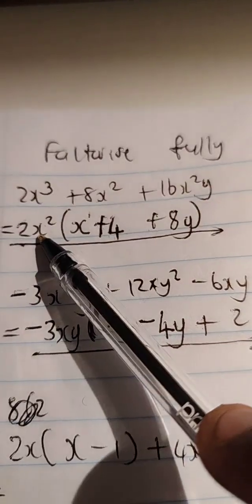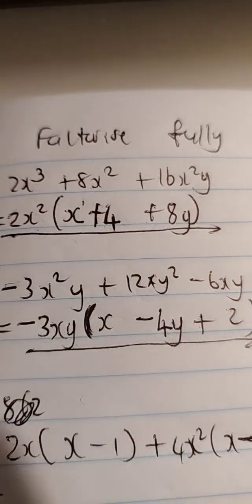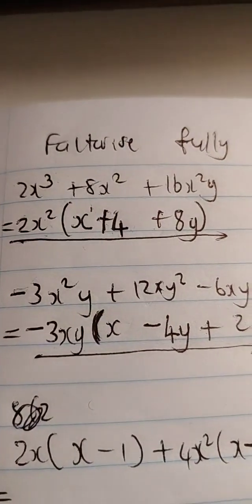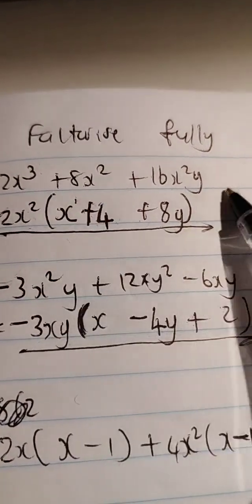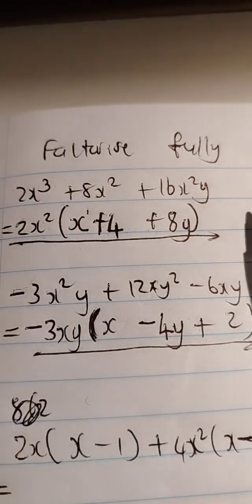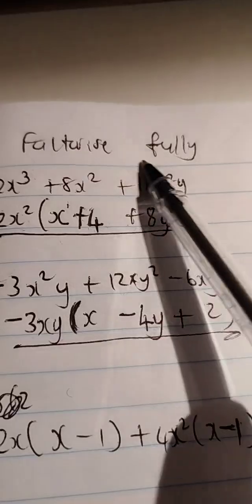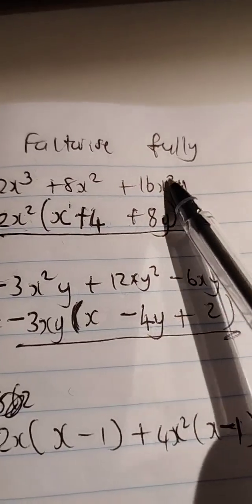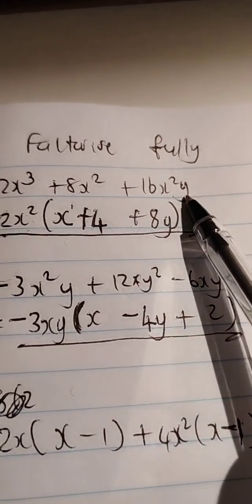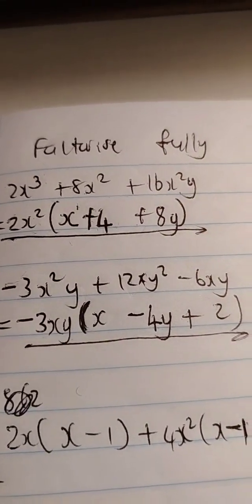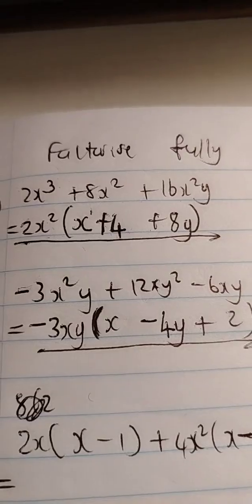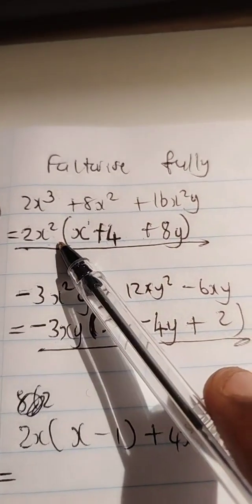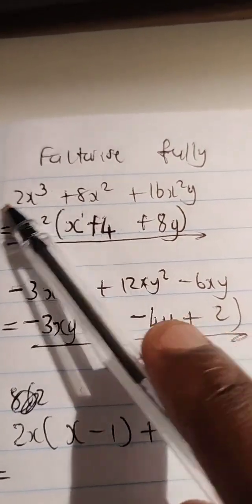So we write x squared. Is there another letter that is common for all 3 terms? Well, we don't have any other letter that is common for all 3 terms. Y is alone for the last term. So we do not consider y because it is not a common factor. So we don't write y here at all. So the highest common factor is 2x squared.